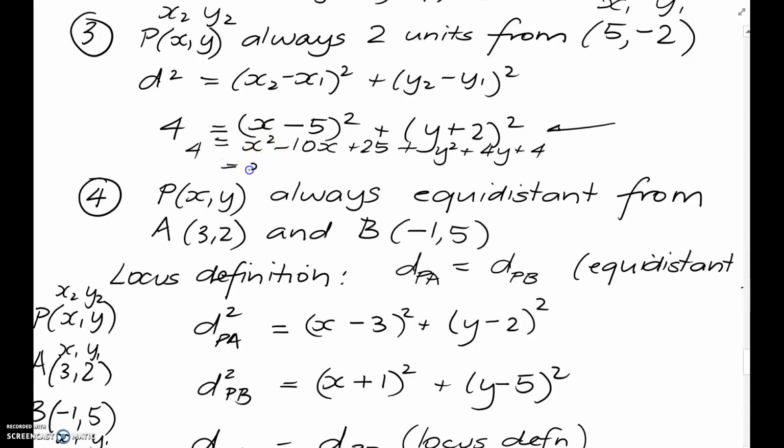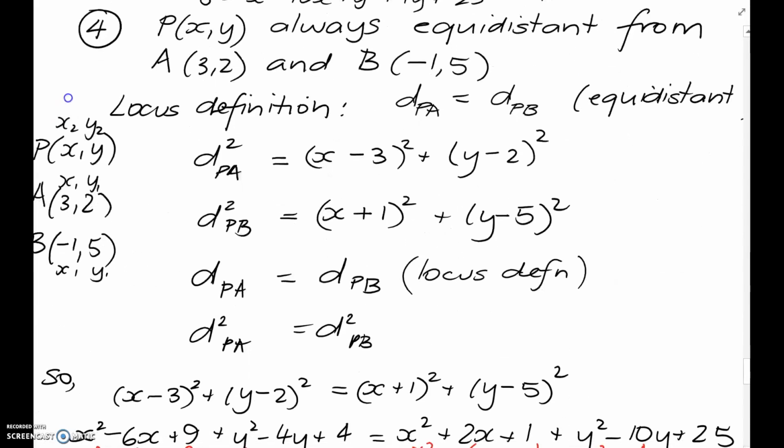So we're going to get x squared minus 10x plus y squared plus 4y, and then that's going to be plus 25 when I take 4 off both sides, and that gives me a 0 there. Okay, so that's it probably in the back of the book.